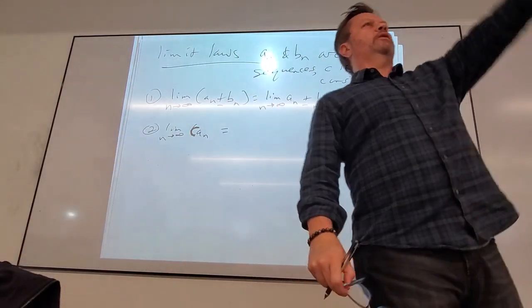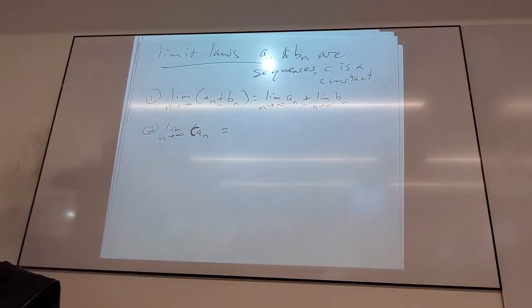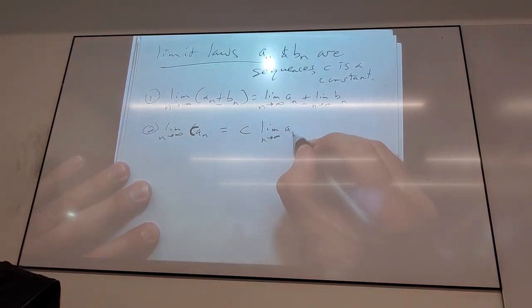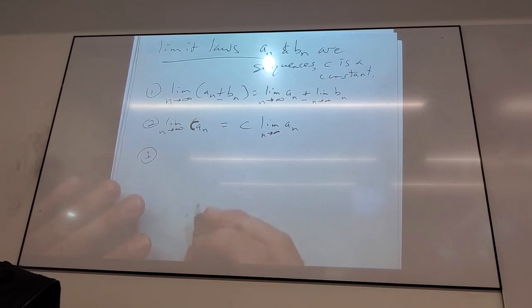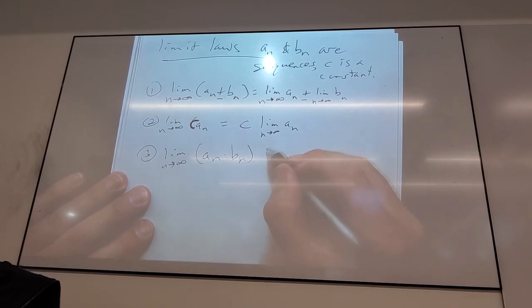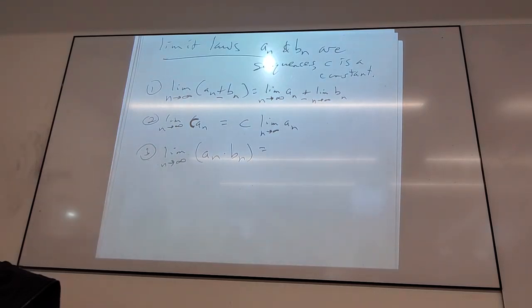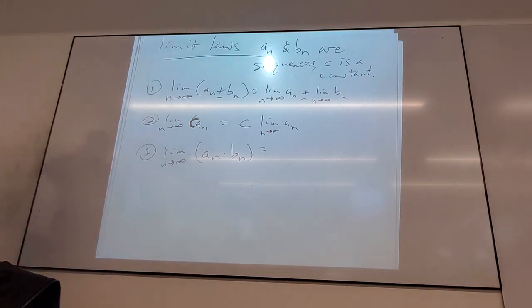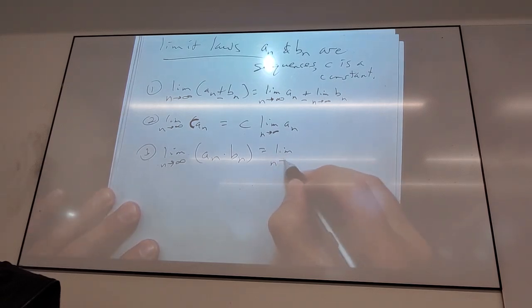You can pull it out. What about this here? Yes, you can take the individual limits and multiply those.